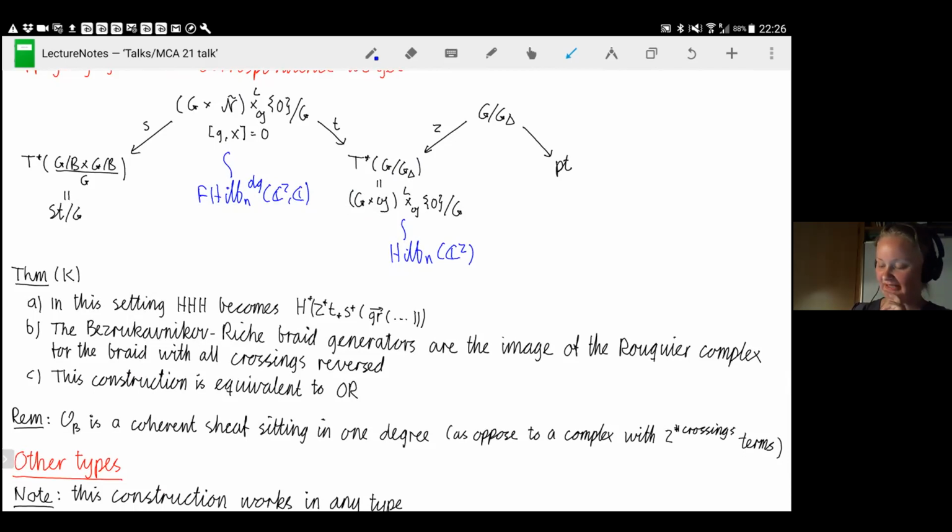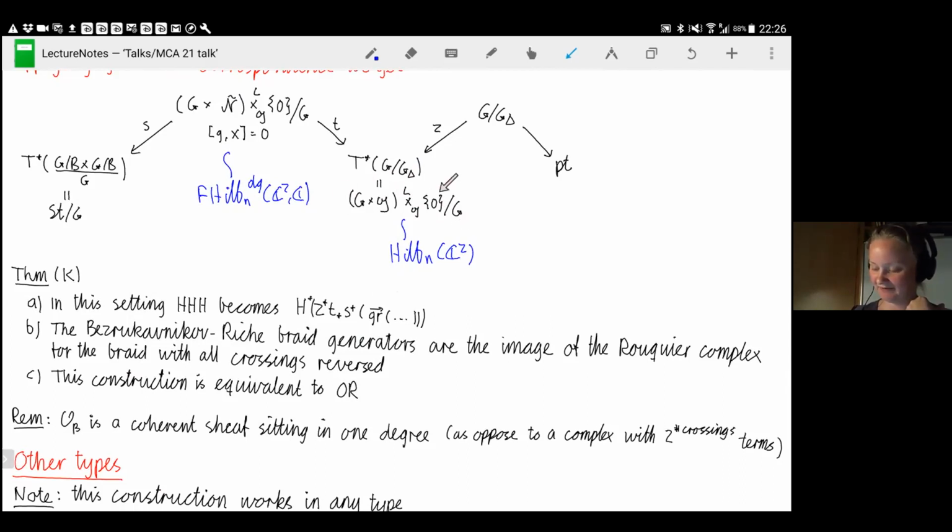Yeah, thank you. This is kind of a weaker requirement than requiring them to commute on the nose, because you're working with the derived space, so you're requiring them to commute up to higher homologies in some sense.